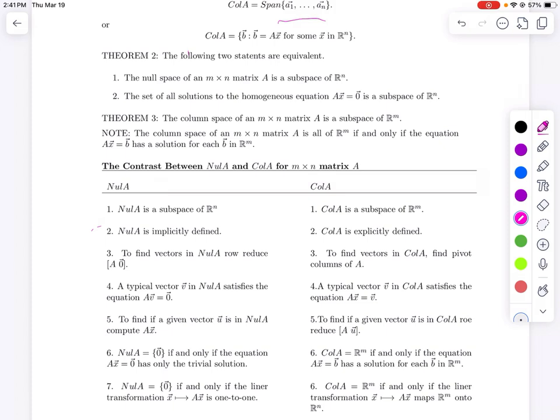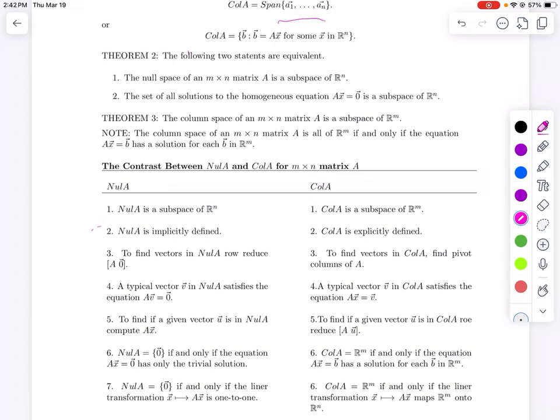To find vectors in the column space of A, find the pivot columns of A. That will make up the basis of the column space. Number 4, a typical vector V in null A satisfies the equation AV equals 0.